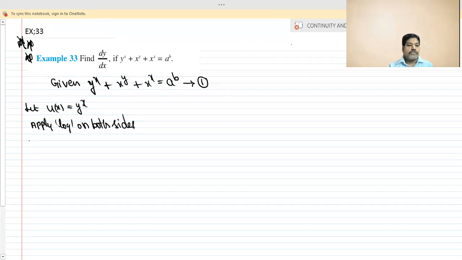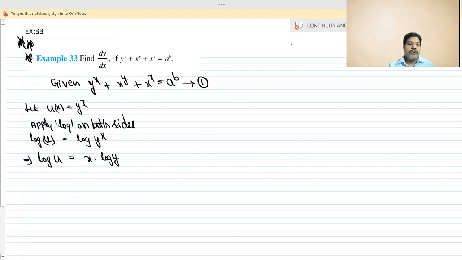It becomes log u is equal to log of y power x. So log u is equal to, taking the power in front, x into log y.